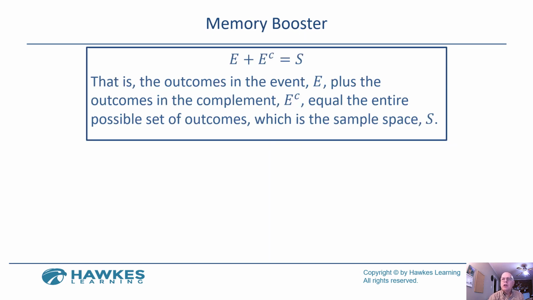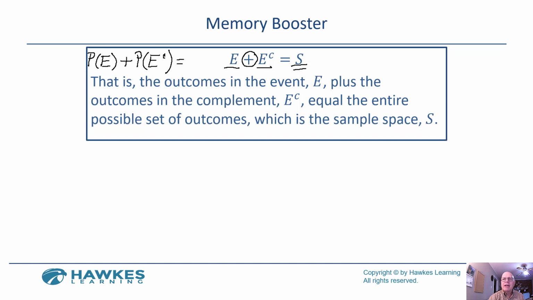Next, we've got outcomes in the event. Just as a reminder, if you put an event and its complement together, you get the entire sample space. And another thing to think of, if you're thinking of probabilities, for example: the probability of that event happening, and add to that the probability of its complement, the opposite.